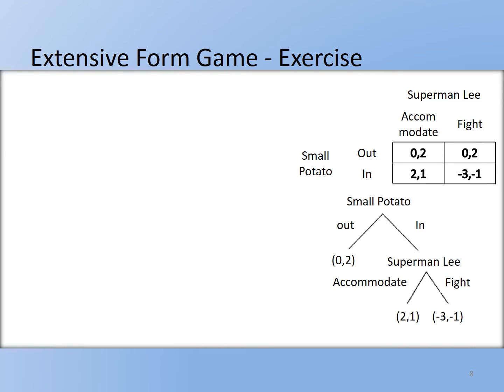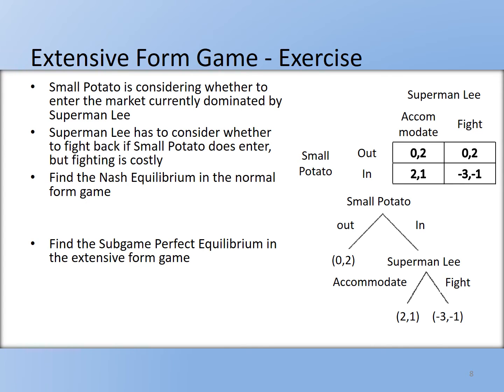So I'm going to start with the normal form, right? What would Small Potato do if Superman Lee accommodates its entrant? Well, if Small Potato stays out, he gets 0 because he's not entering, so he's not gaining money, he's not losing money.